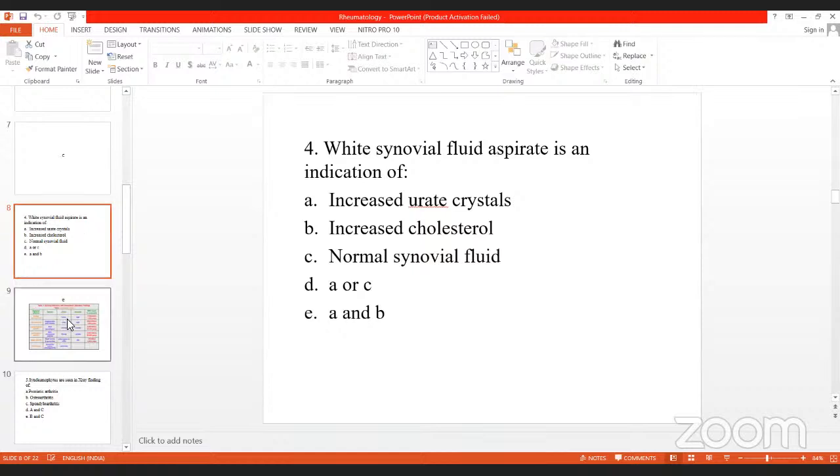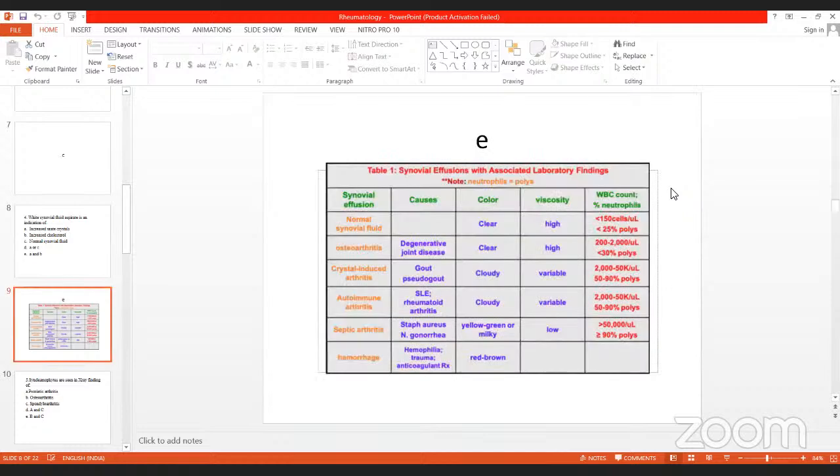The next slide will show the different types of synovial fluid with associated laboratory findings.